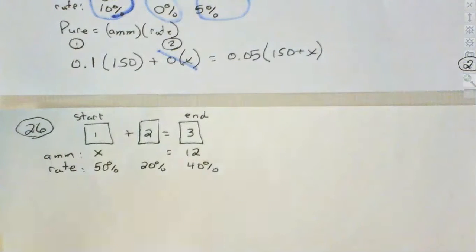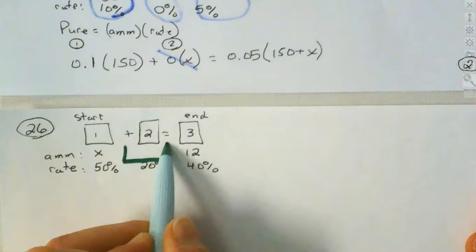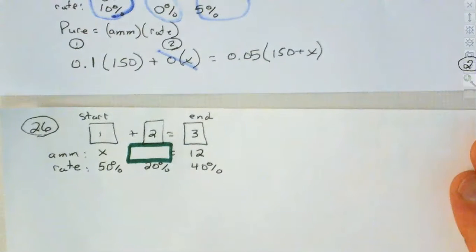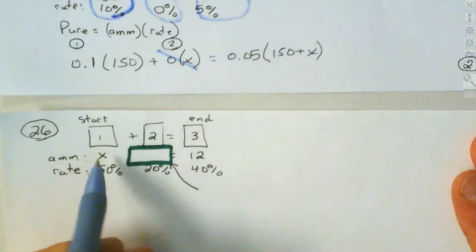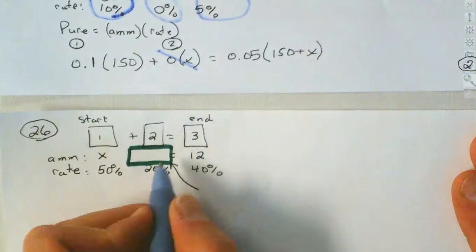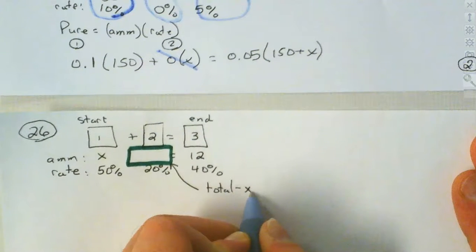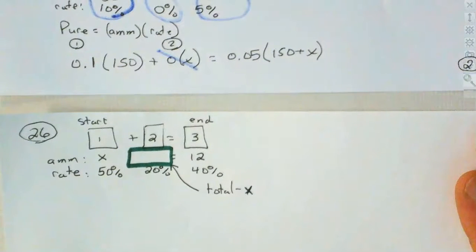This one is a little bit different because what's going to go here? Well, we cannot just use the X again because we already used X in box 1. What goes here is going to be the total minus X. And how many gallons do I want to end up with?